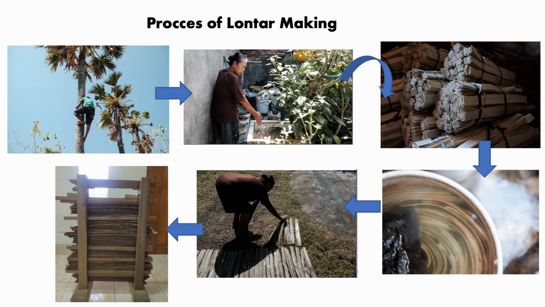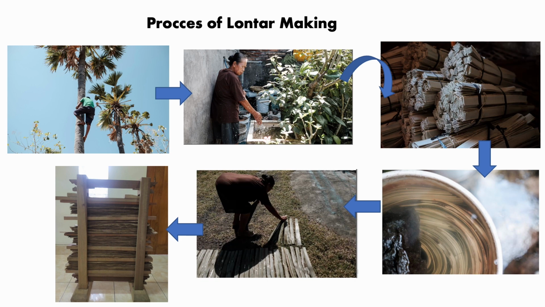These tools make the leaves flat. So we press the leaf, and it takes a very long time, from 6 months to 1 year, to get the best result of writing material, or Lontar.